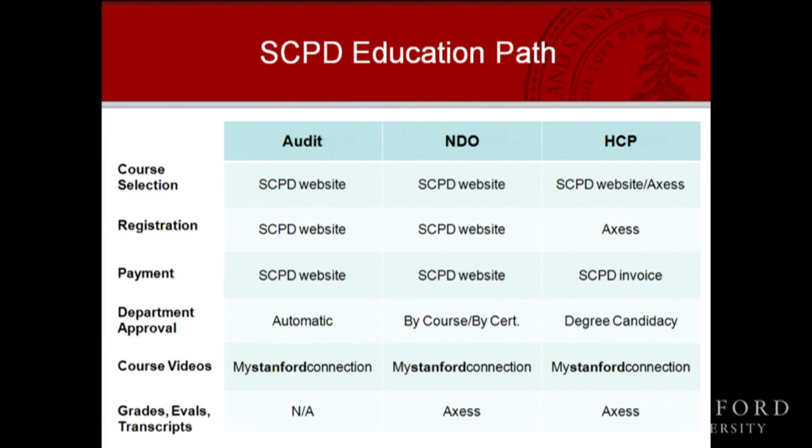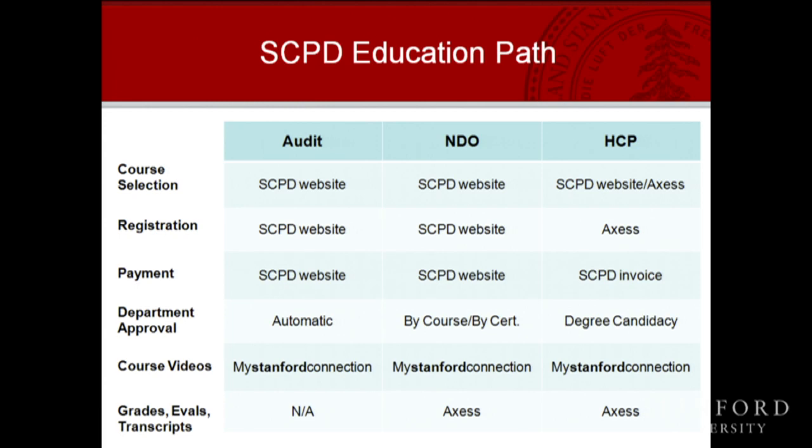For the Honors Cooperative students that are local in the Bay Area and can come to campus, you can look at any of the courses on the Stanford Bulletin or the Access system, and you can enroll in any of those courses because you'll be coming to campus. But if you are remote and you need to access online courses, you're going to want to make a point of looking at the SCPD website for your selection of courses.